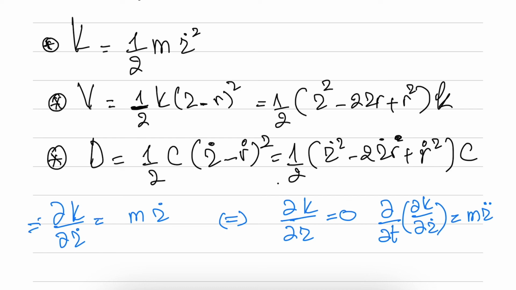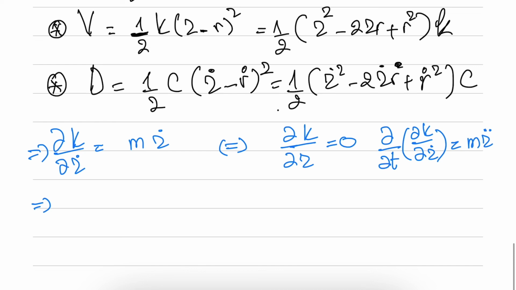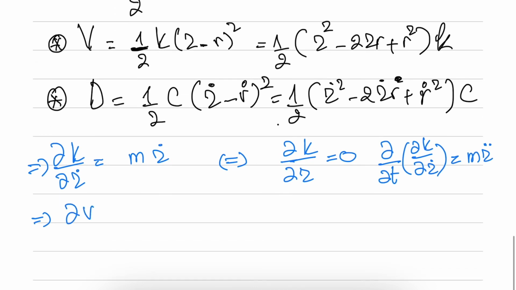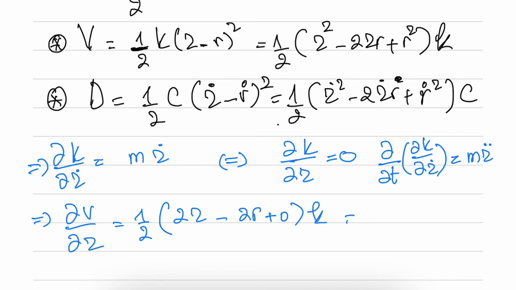Then we have to perform the first derivative of potential energy V with respect to z, which is equal to a half times 2z minus 2r plus 0 times K, which is equal to K (z minus r).